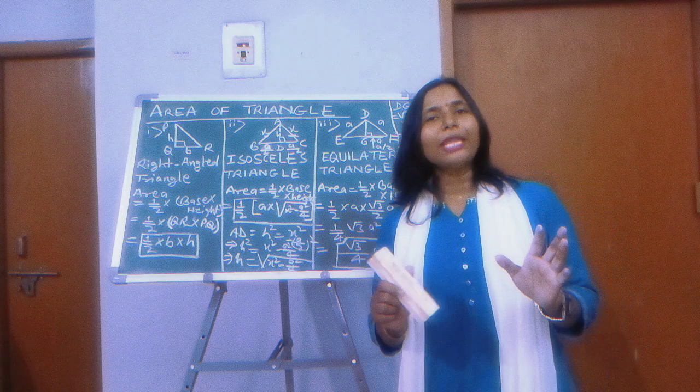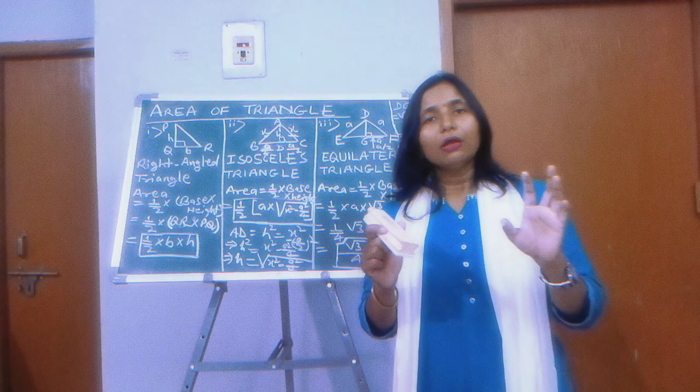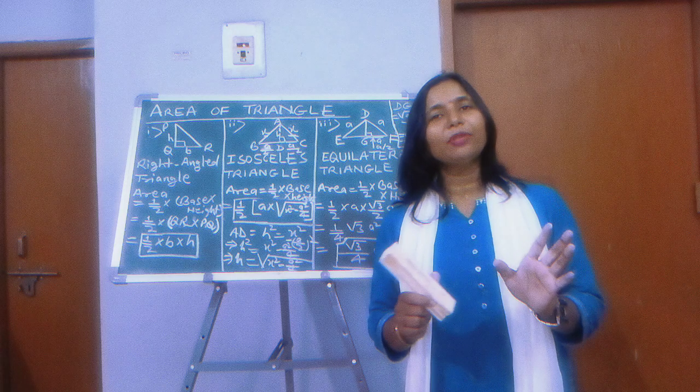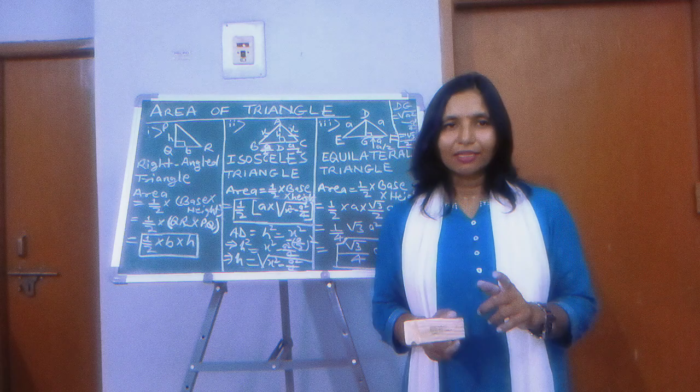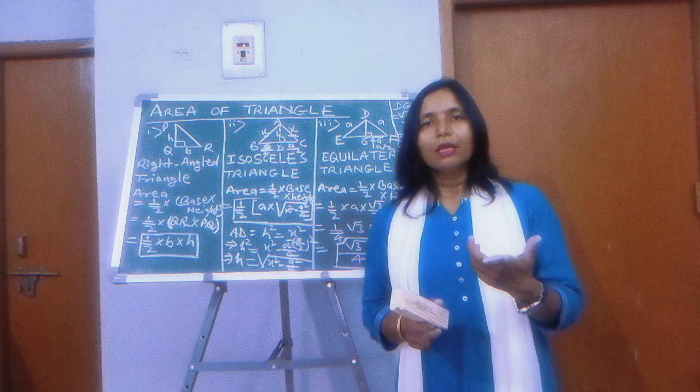So let us try to derive one general formula for finding the area of a triangle which will be applicable to everyone. Let us see what that formula is and how we can use it.